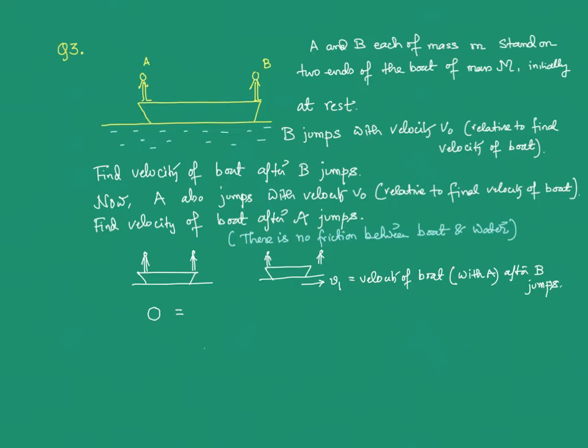Now finally, A plus boat, see, (m plus capital M) into v1 plus small m. Now it is given B jumps with a velocity v naught relative to the final velocity of the boat. So the velocity of B is actually v naught plus v1.